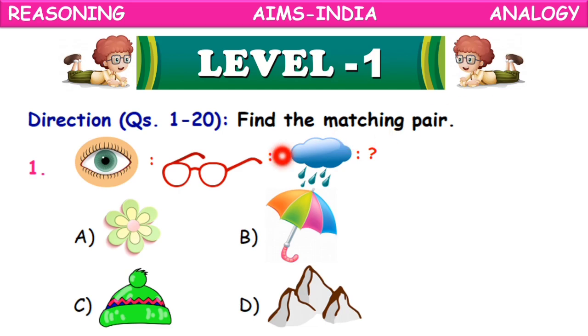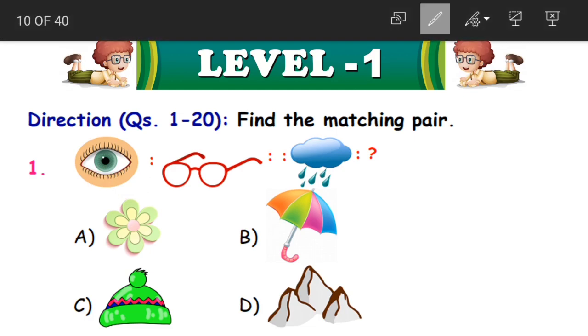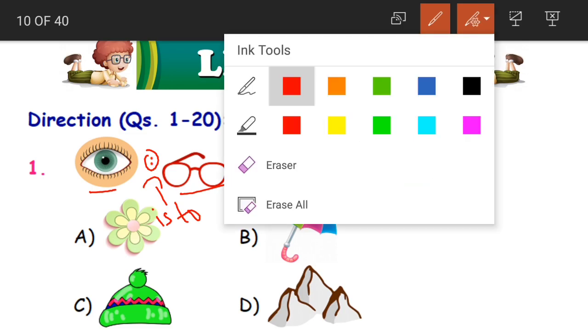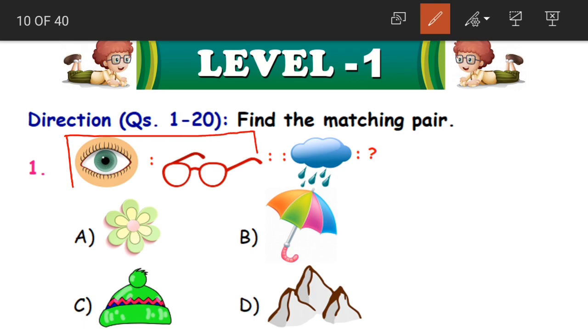Okay, children? Now the first question is, find the matching pair. We have eyes. How should we read this? Eyes is to specs, yes, the specs that we wear, as rain is to dash. The first step is to understand the relationship between the first pair given, the complete pair. Now this is a complete pair.